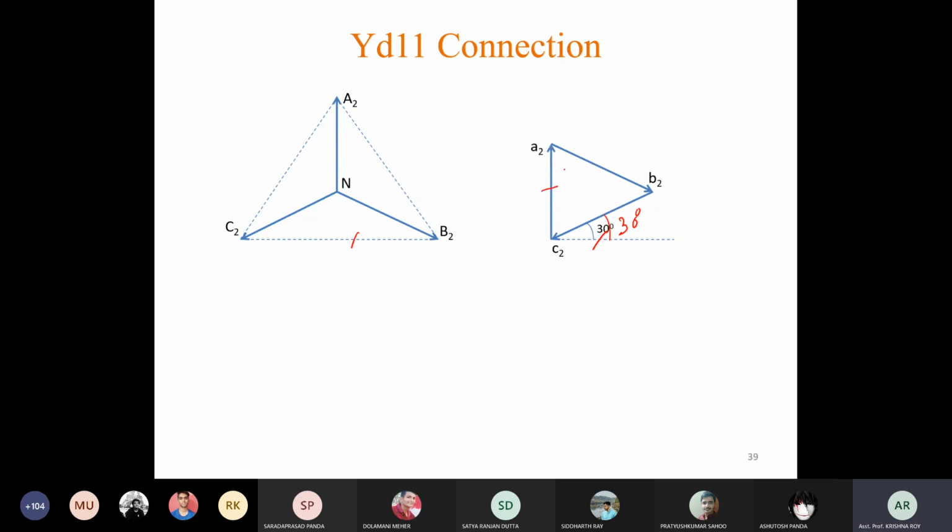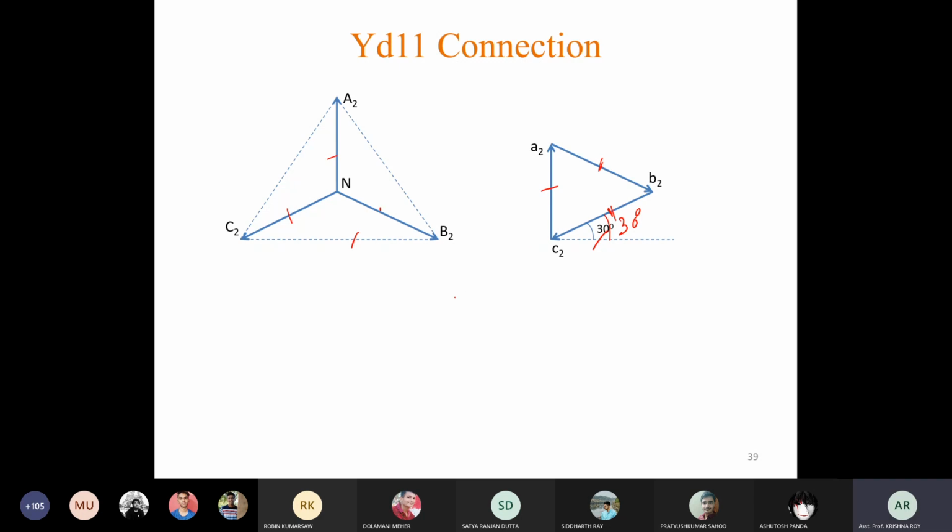So this line and this line are parallel. This line and this line are parallel. Now identify the difference with the previous one. Previously this phase was B phase and here we have drawn the C phase.